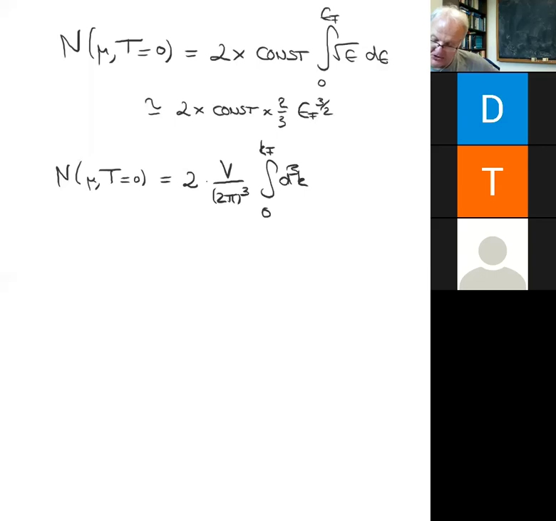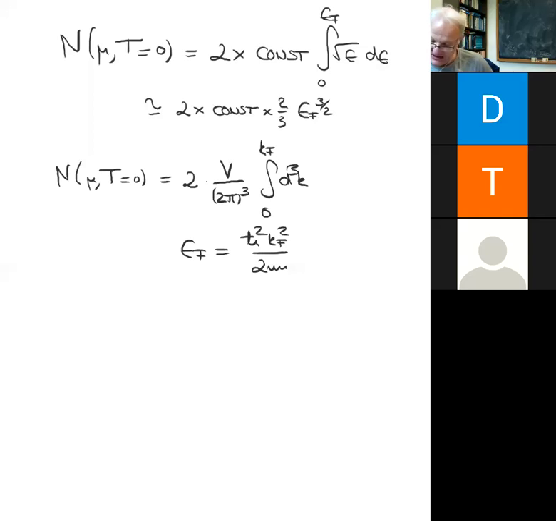And this k, of course, is just defined by ε_F = ħ²k_F²/2m. So again, ε_F was just the chemical potential, and this is the relation between wave number and energy. So for a given ε_F, this expression just defines this k_F.